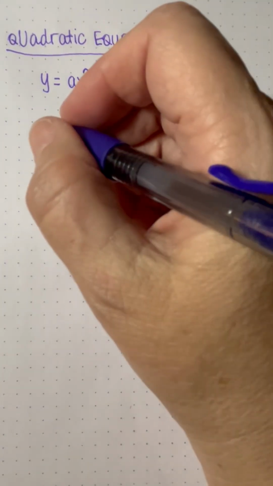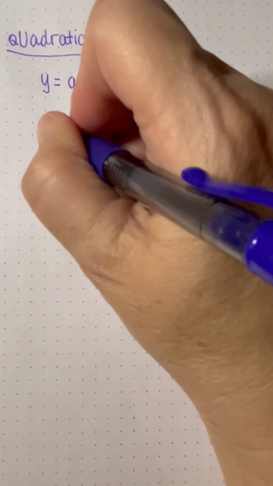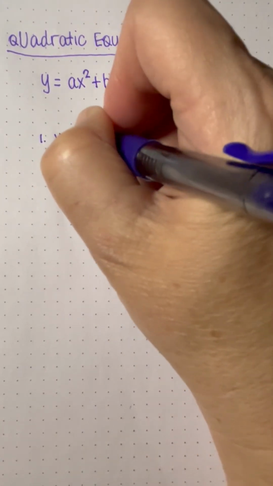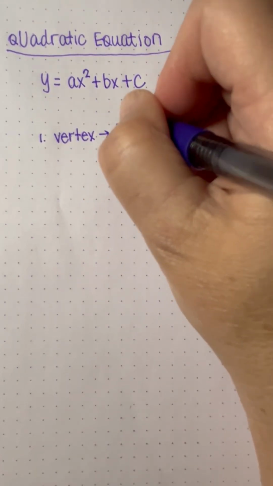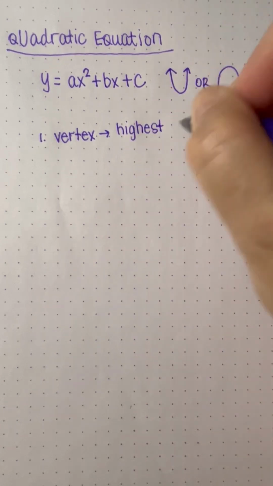Now, we talked about some things that you need to be able to identify, so let's go back over those words again. So the first thing you need to be able to identify is the vertex, and you all will remember that that is either the highest or the lowest point.